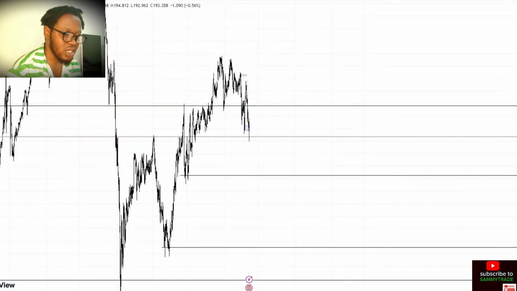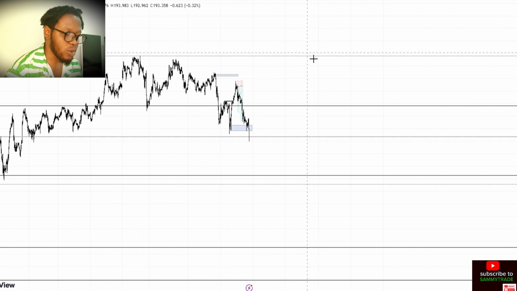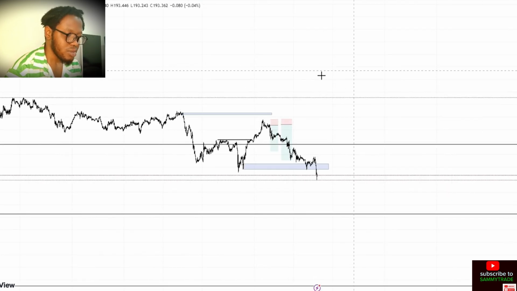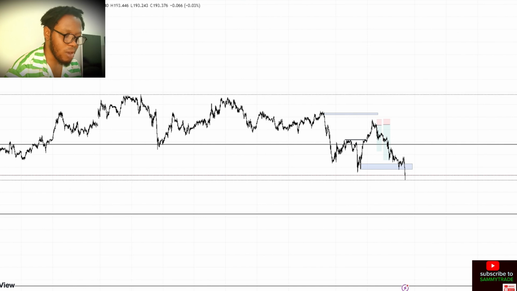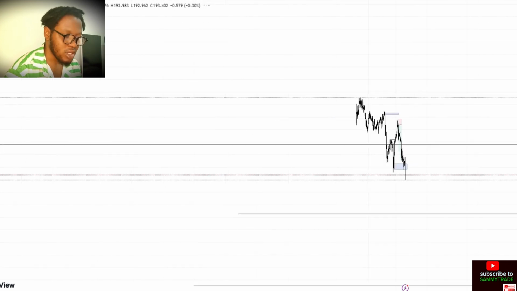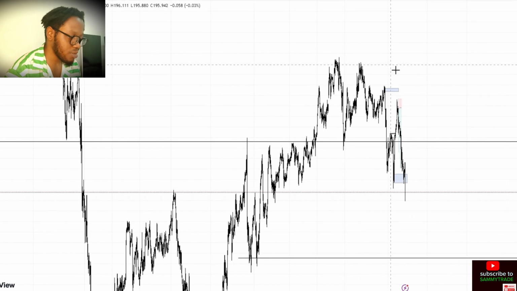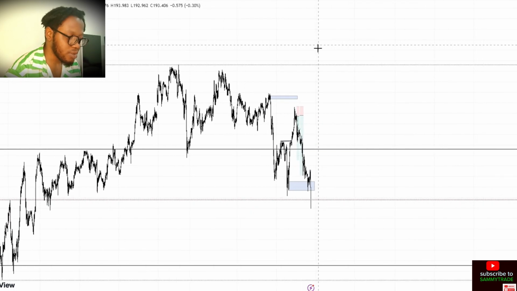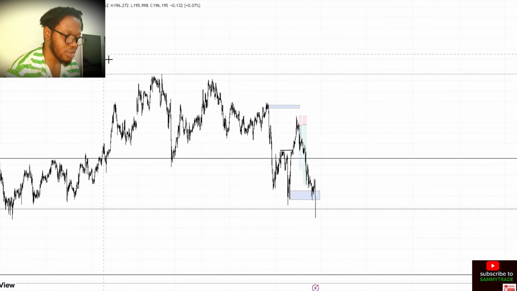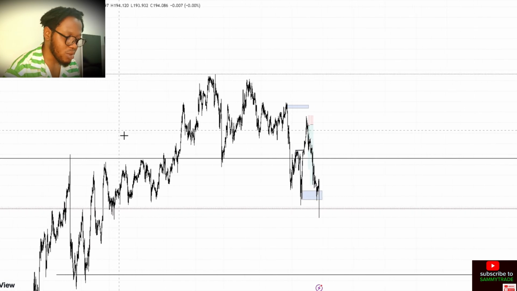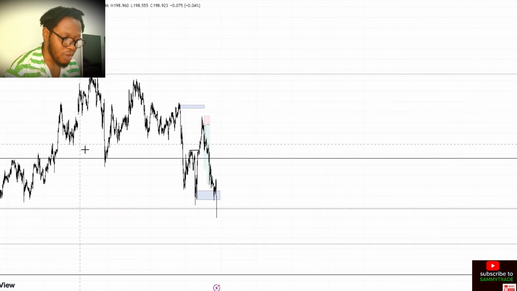So I went down to the lower time frame, looking at what price is doing, so I can see what I can do in the market. Now I think the 1 hour time frame, yeah, something like that. At this point, look at what the price is doing. Firstly, there's a break of structure right here.